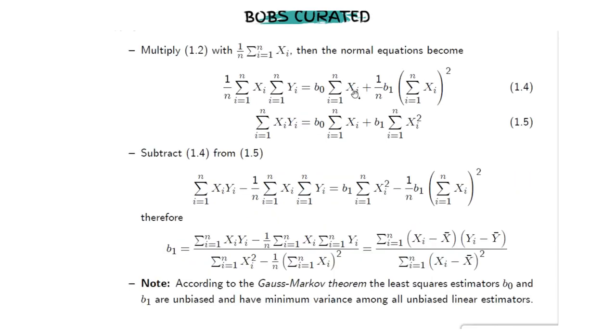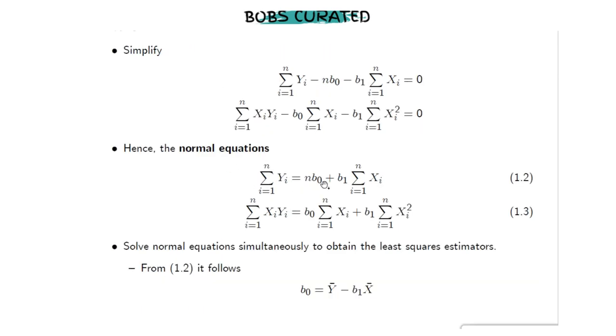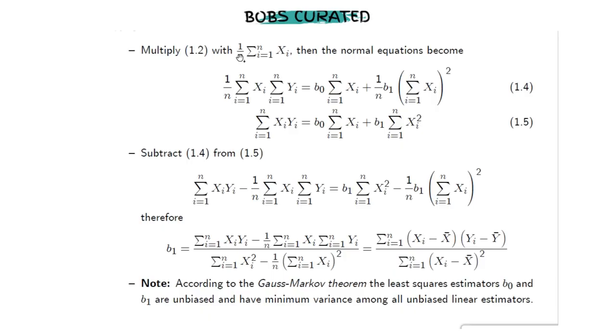Now on the next slide, you can see we now need to solve for B1 as well. So what we are going to do is take the first equation, the 1.2, and multiply it with 1 over n, the sum of xi.